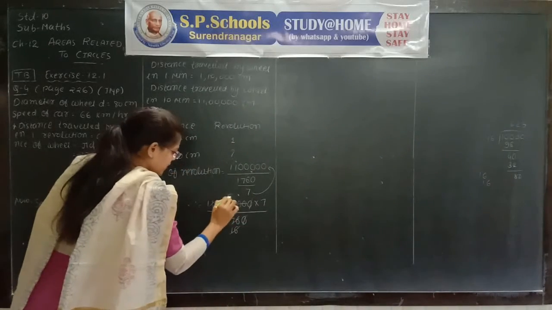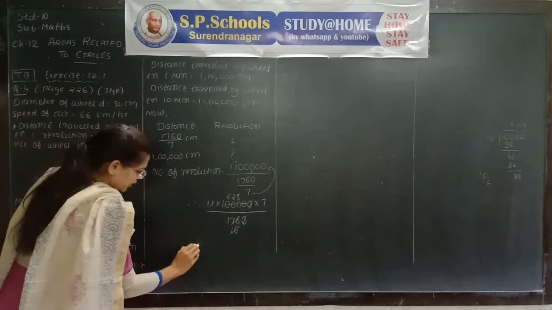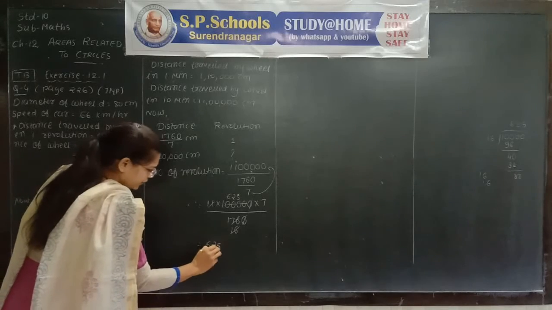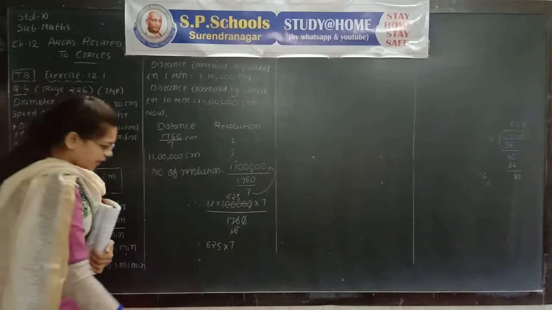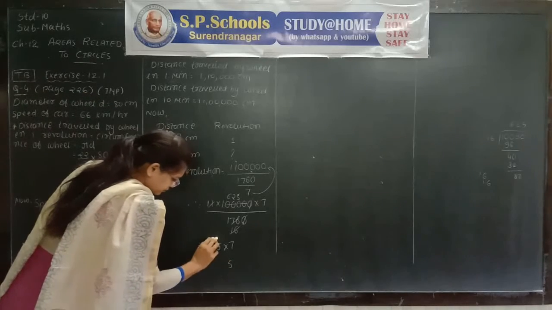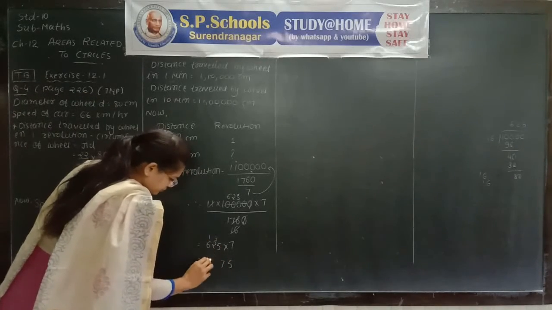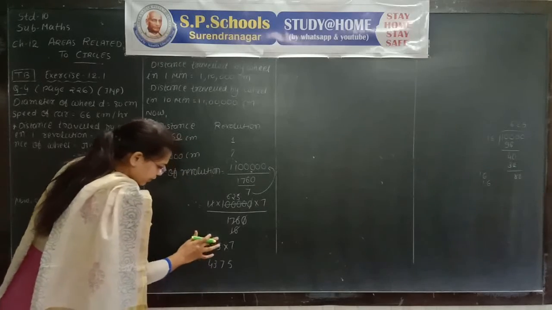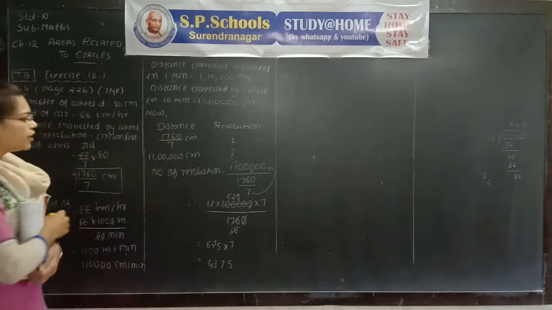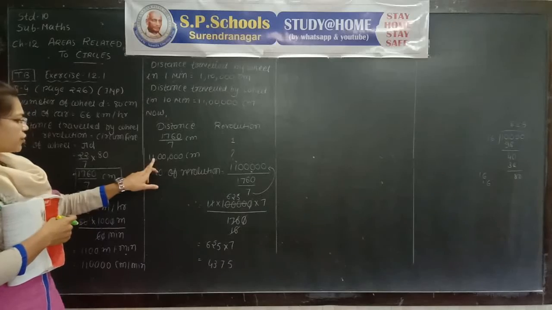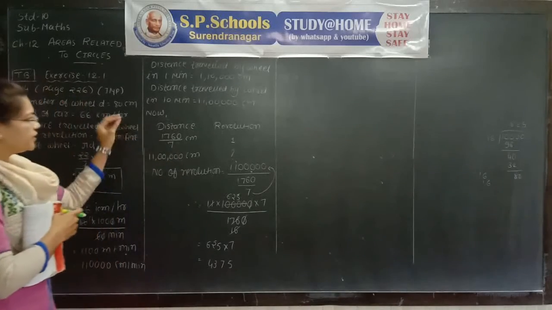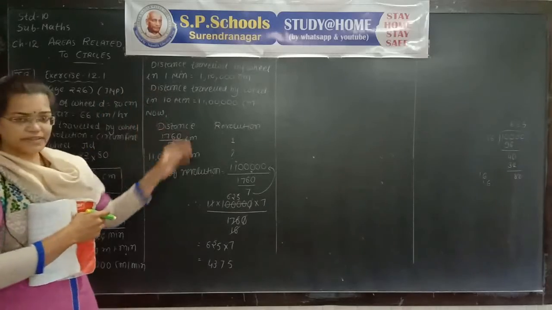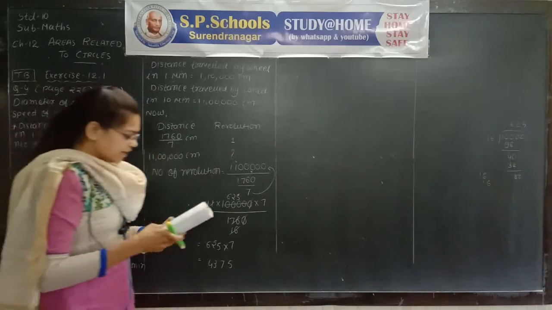Cut it by 625. The remaining 625 into 7. Now we multiply 625 by 7, which is 4375. Now 4375 is the number of revolutions in a distance of 11 lakh centimeter. It is the distance traveled by the wheel in 10 minutes, so we get our answer.